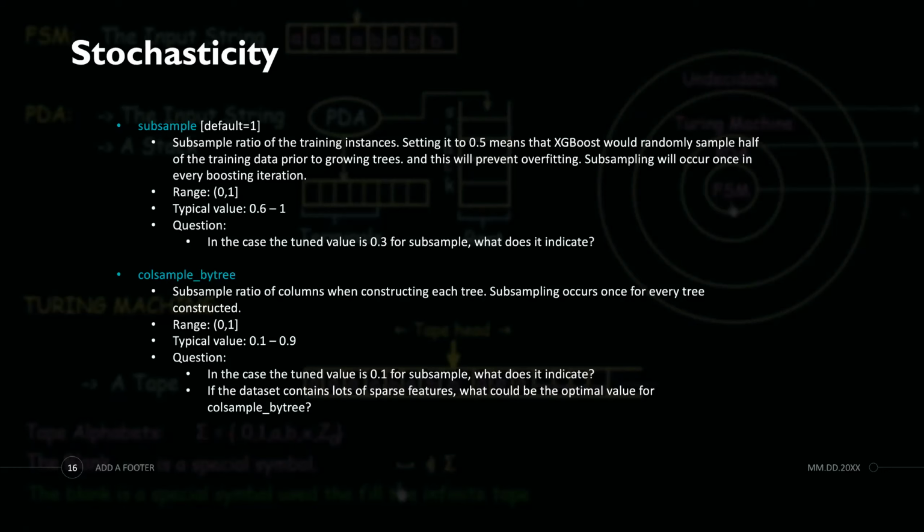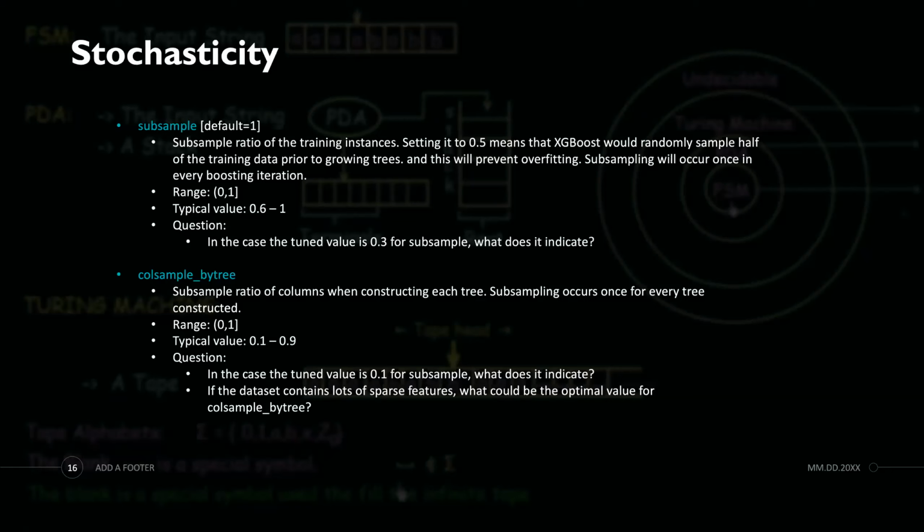Similarly to the previous slide, I also have two questions for you. Actually, they are the same question. For instance, for subsample, if we tune this parameter and we end up with 0.3 being the best value, what could it indicate?